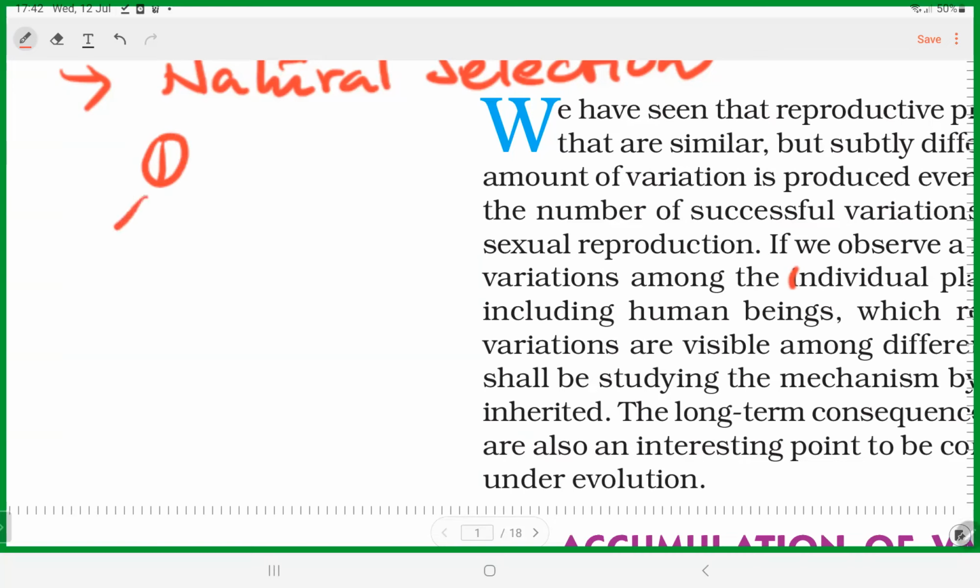Heredity means, how can you define heredity? Hari, heredity means what?